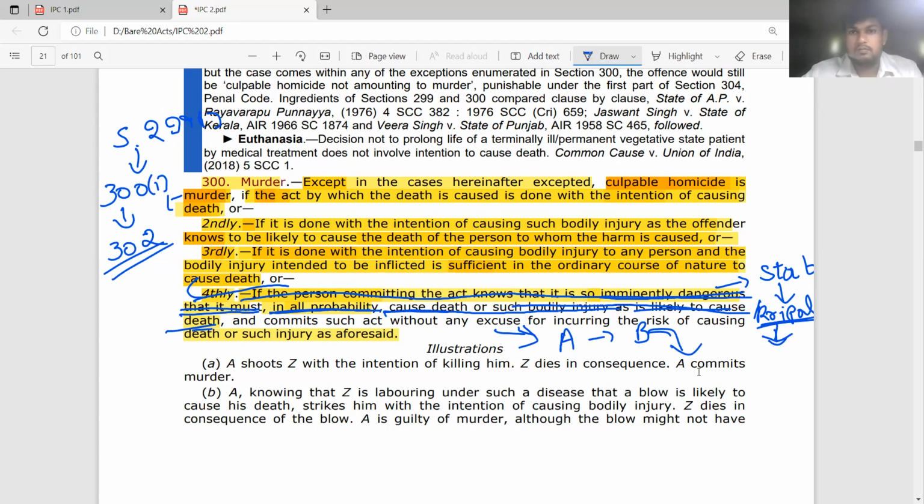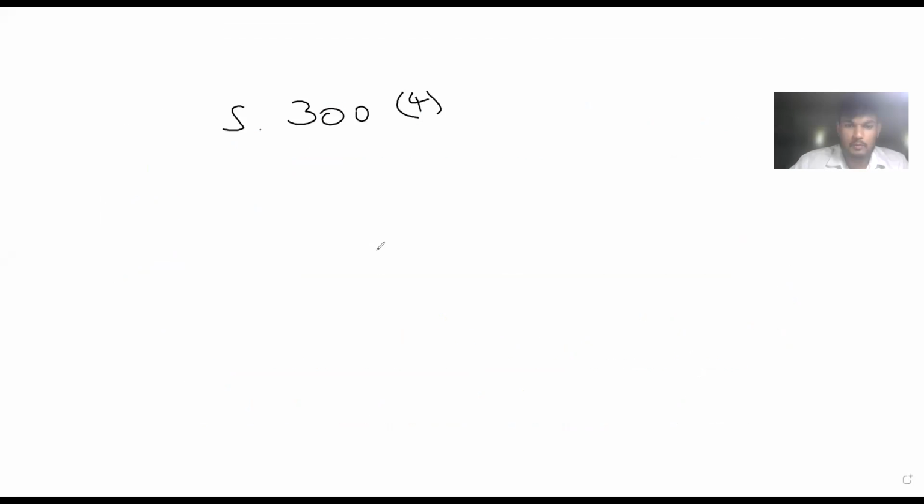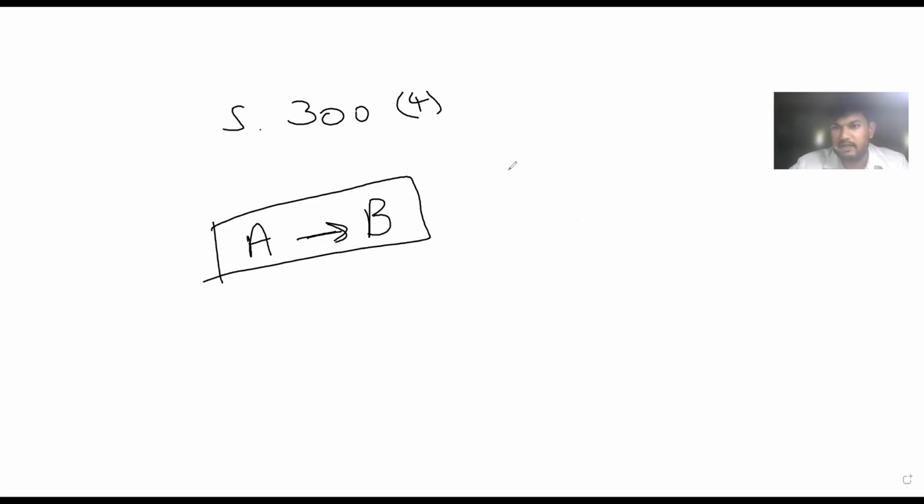Now suppose A and B are two trekkers, persons who go hiking and on expeditions. Suppose they decided that they will climb Mount Everest.